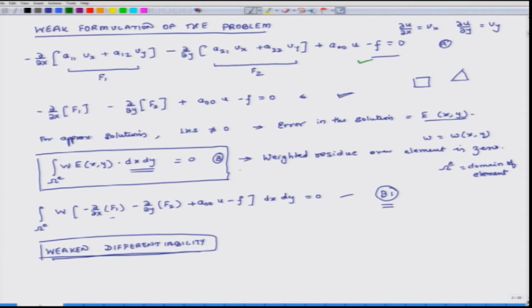For this equation we had developed a weighted residual statement, which is equation B, and another form of weighted residual equation is equation B1. As per equation B1, the differentiability requirement on U is of second order.